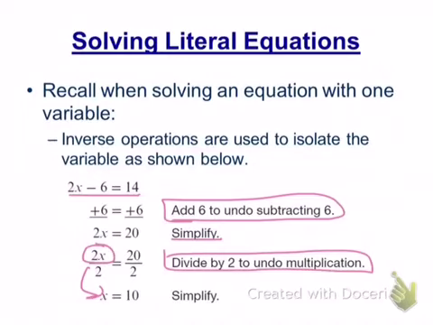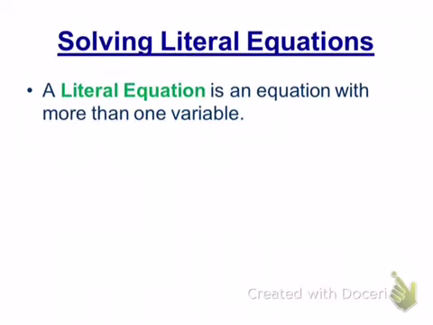All right? So let's have a look at a literal equation. Definition. It's an equation with more than one variable. Right? We're used to these, right? You guys are familiar with equations that have 3 or more variables involved, aren't you? Is this more than one variable? Yes.